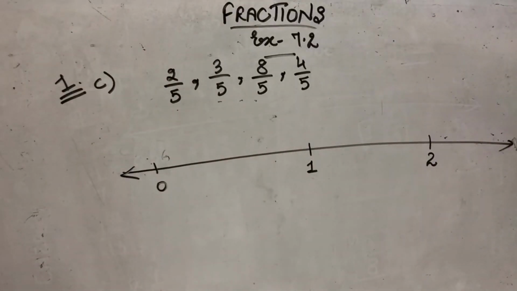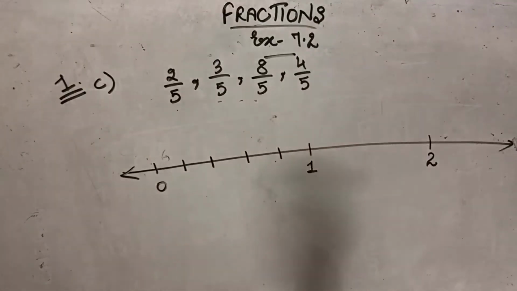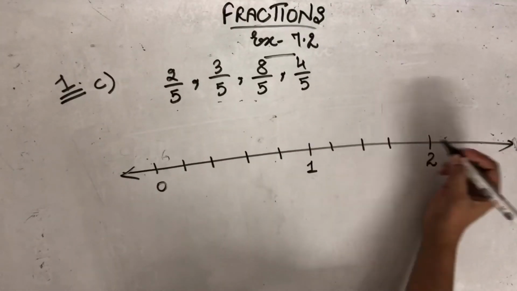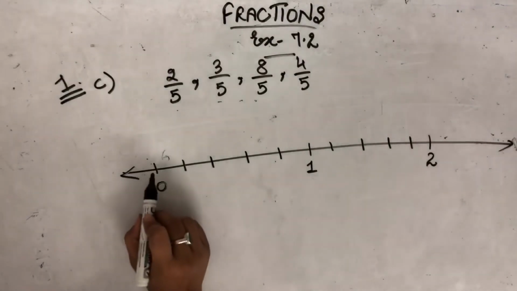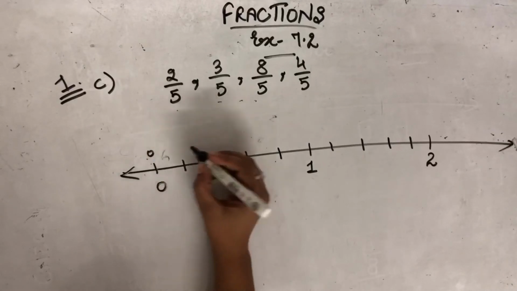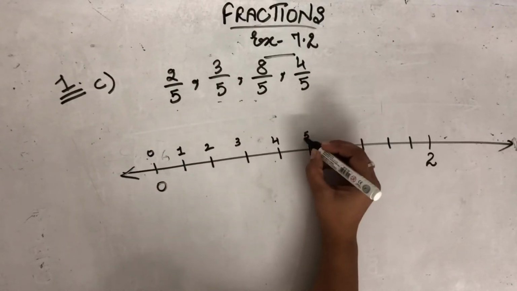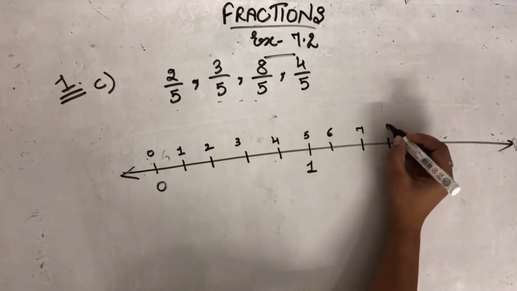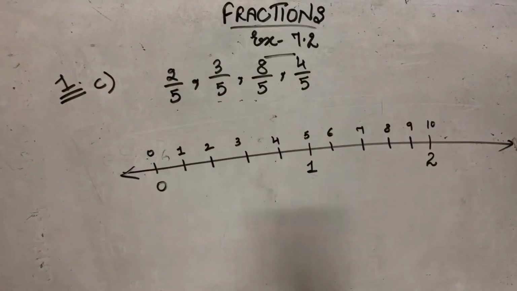So it means you have to divide each interval into how many parts? 5 equal parts. So 1, 2, 3, 4. 1, 2, 3, 4. Now you will write the numbers. Starting from here, it will be 0, 1, 2, 3, 4, 5, 6, 7, 8, 9, 10. So you have written the total number of divisions, 10 divisions.